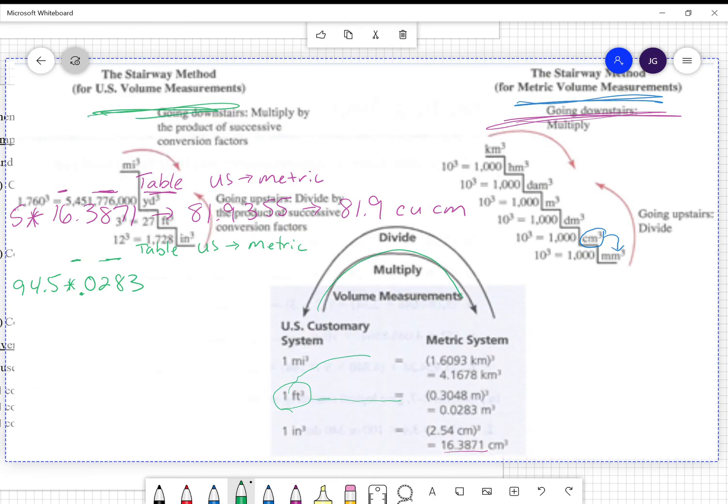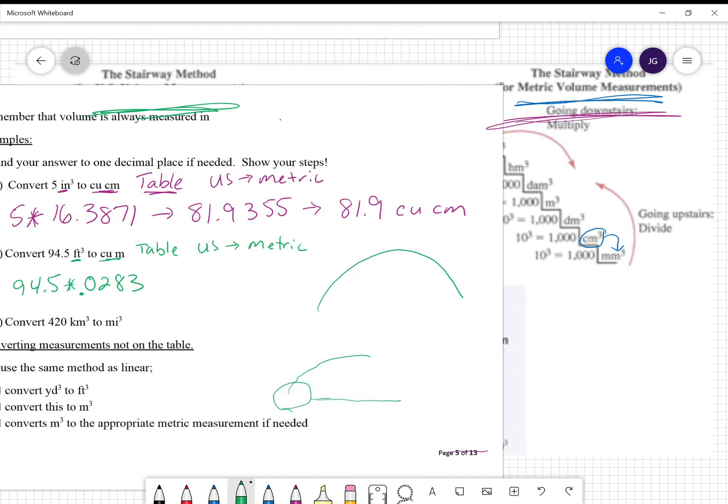Cubic meters, which is what I want. 94.5 times 0.0283 is 2.67.